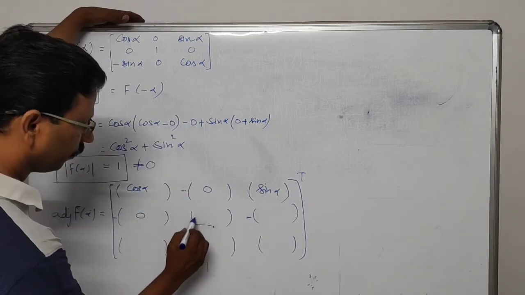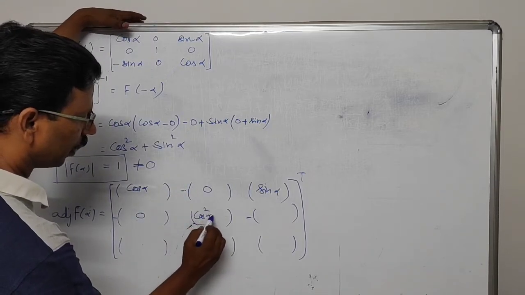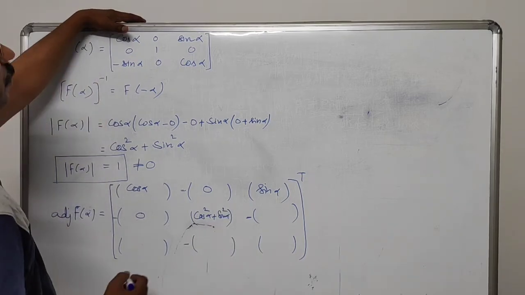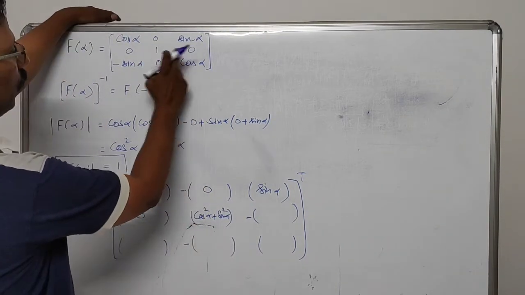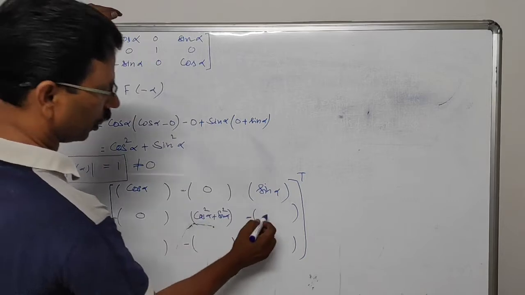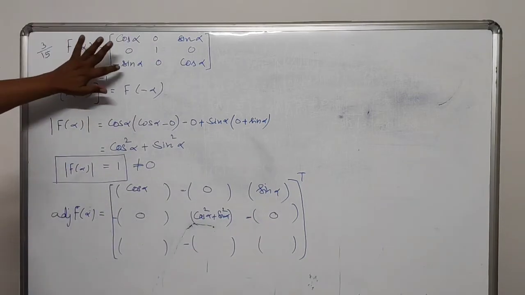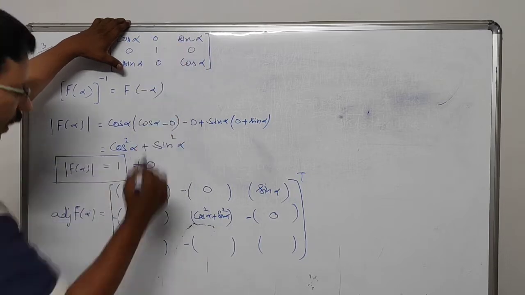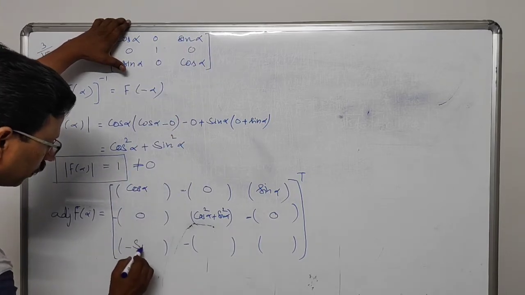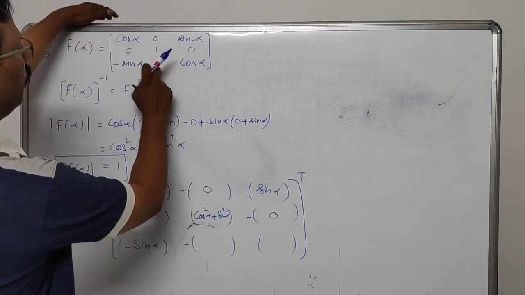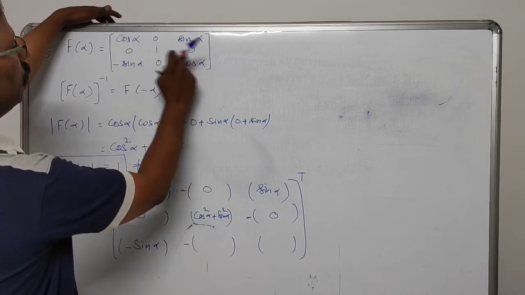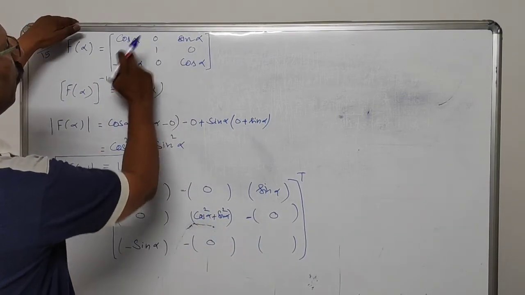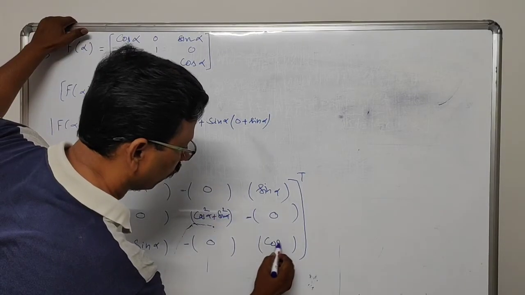Cos square alpha plus sin square alpha here. Then for this one, leave this row, this column, 0 minus 0 gives 0 only. Okay, now next for this element, leave this row, this column, this is 0 minus sin alpha, minus sin alpha. Now for this element, 0 minus 0 gives 0 only. Now for this element, cos alpha minus 0 gives cos alpha.